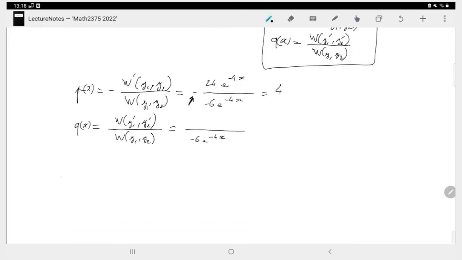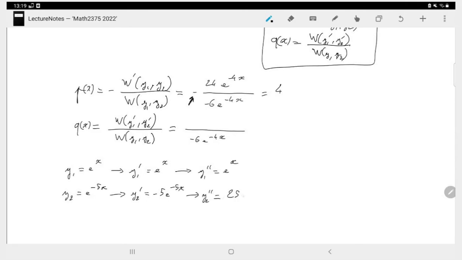So our functions, if you remember well, are y1 equals e to the x, leading to y1 prime equals e to the x, leading to y1 double prime is e to the x, right? And y2 was e to the minus 5x, which leads to y2 prime equals minus 5e to the minus 5x, and y2 double prime is 25e to the minus 5x. And you can keep going like this.